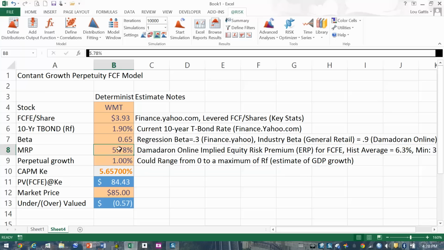However, the one I'm going to use for this estimate is, I go onto Damodaran's website at NYU, looked at his data, and every year he updates it with something called the implied risk premium. That is a forward-looking equity risk premium.